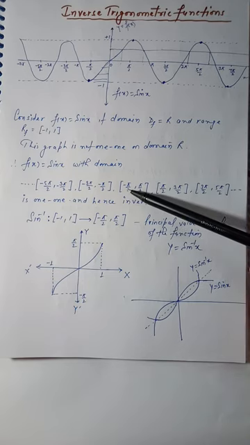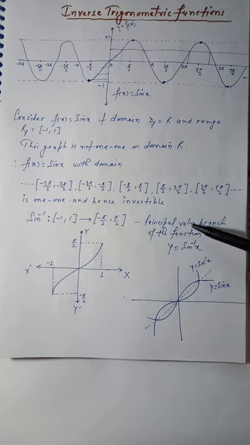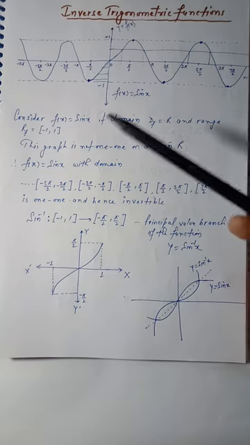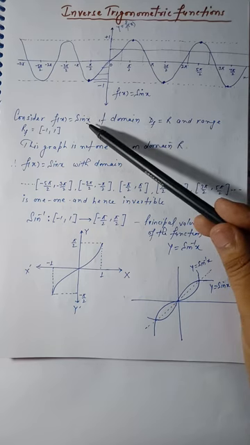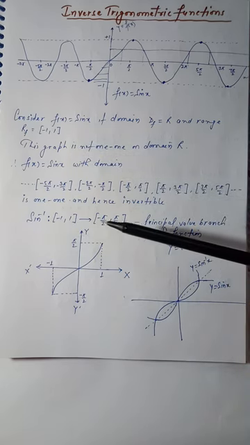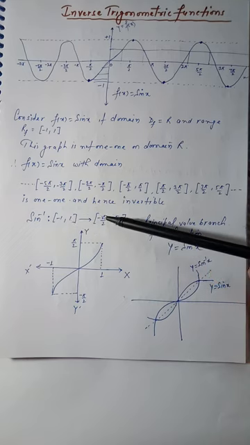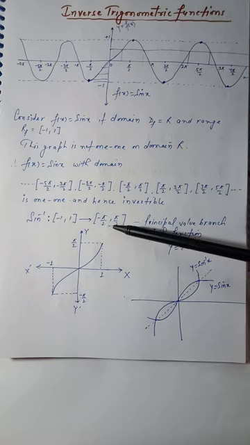If it is from minus pi by 2 to plus pi by 2, we will say this is the principal value branch of y equals sine inverse x. So when f(x) equals sine x is a function, its inverse will be represented by sine inverse x, where the domain of sine inverse x will be from minus 1 to 1 and the range will be from minus pi by 2 to plus pi by 2. Actually there are different ranges, but we will take only the principal value.